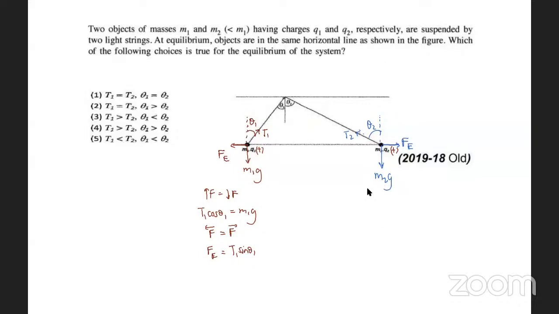And here, if you consider upward force equal to downward force, upward force is T2 cos theta 2 and downward force is M2g. And if you take the force on this side equal to force on this side, Fe is equal to T2 sin theta 2, sorry.